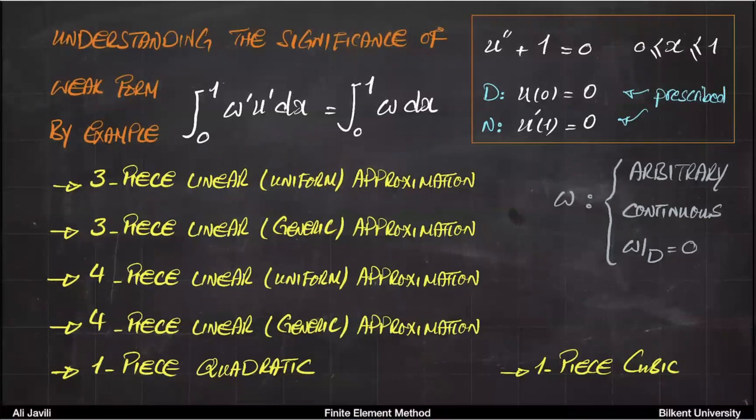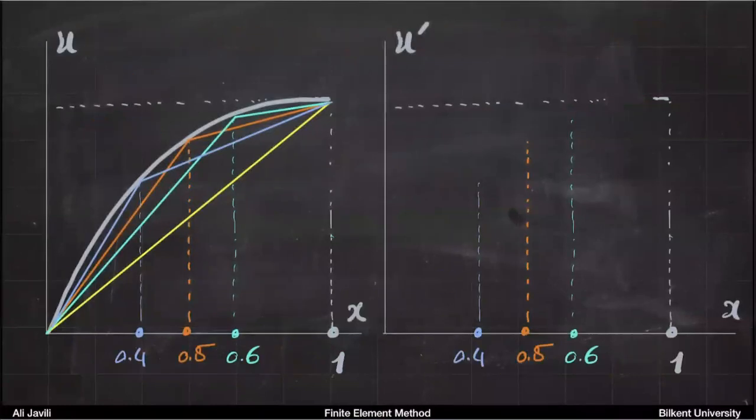Okay, if I come back to that slide, we know the analytical u prime. Again, remember the analytical solution is minus 1/2 x squared plus x, so the analytical u prime would be minus x plus 1.